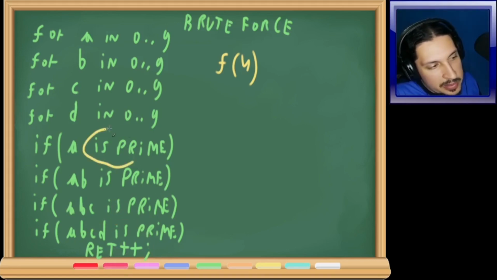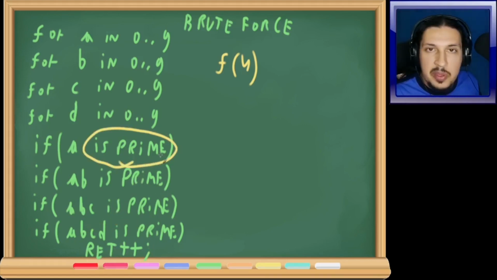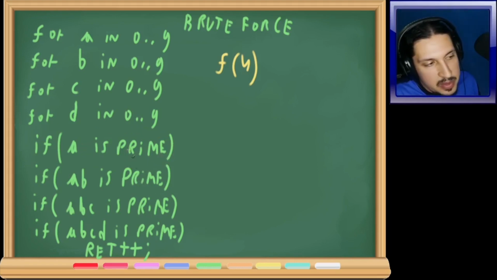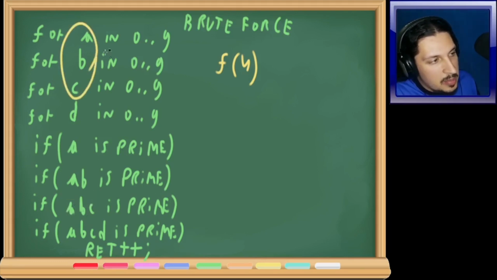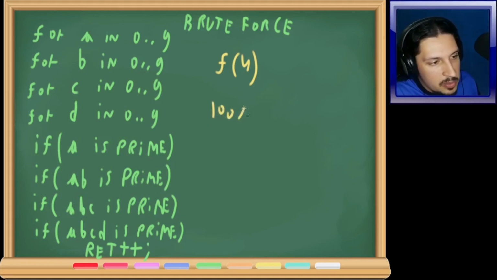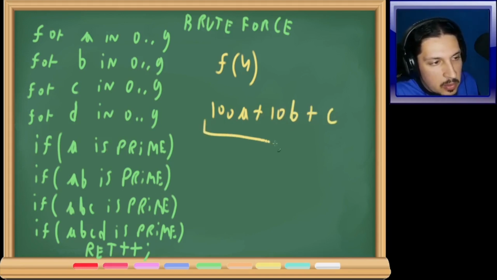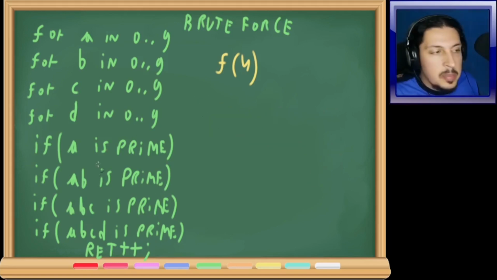We could easily check if a number is prime by first precomputing the primes. Also, here I am writing ABC, which means ABC taken as a number, but you can of course compute it as 100 times A, 10 times B, and C all added together. But this is the main idea.